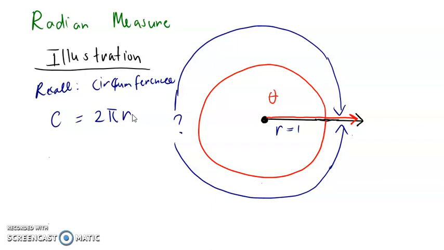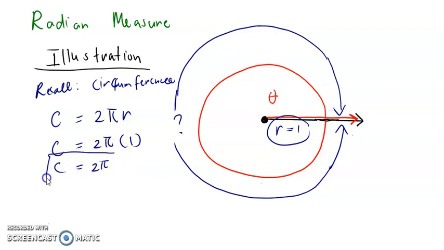Now, from the given illustration, since r is equal to 1, by substitution, we have 2 pi times 1. Simplifying the product, we have 2 pi.